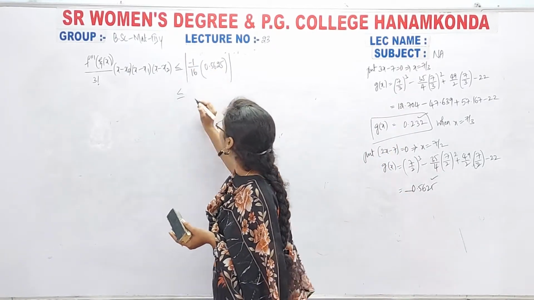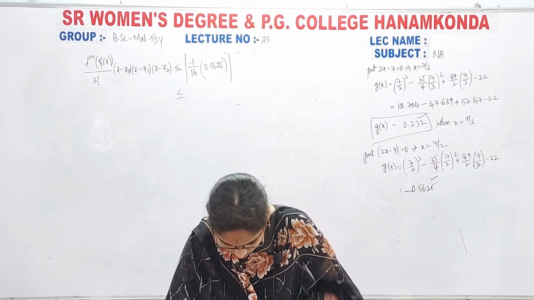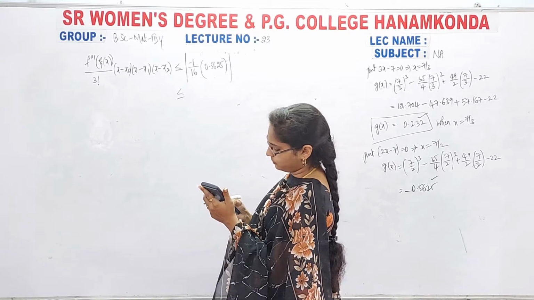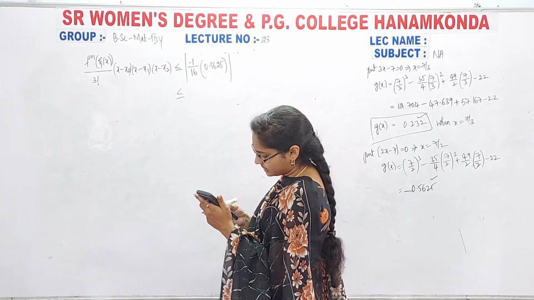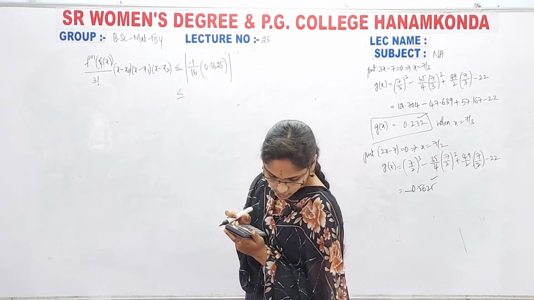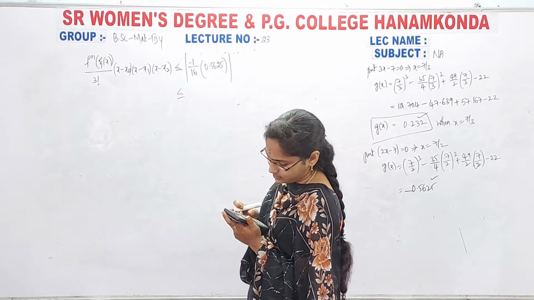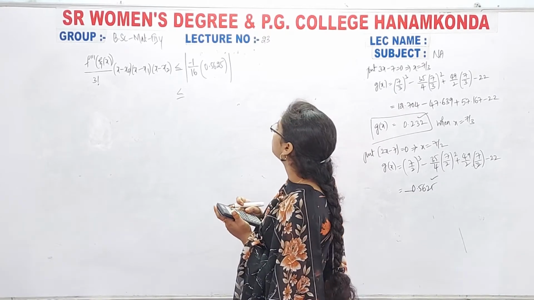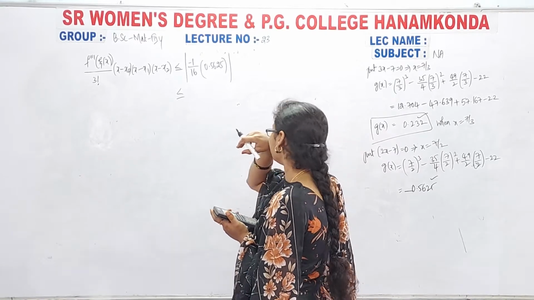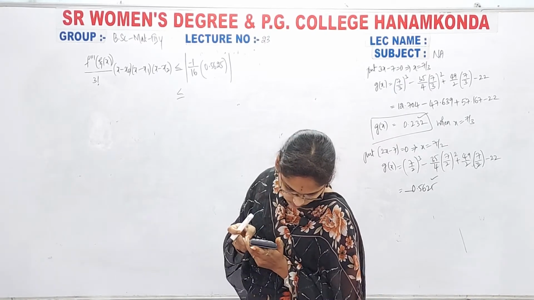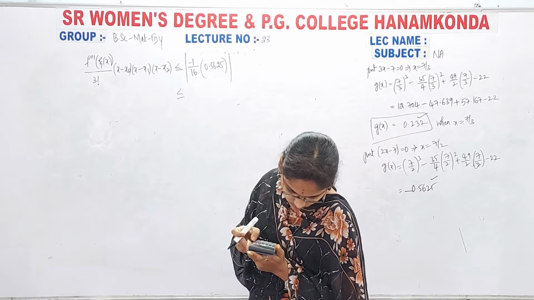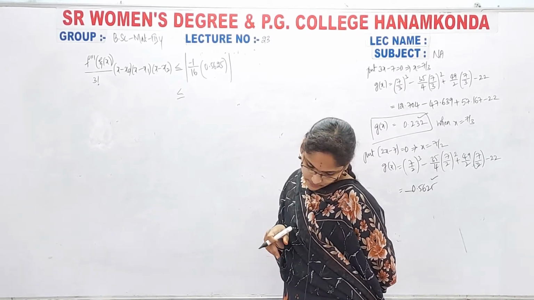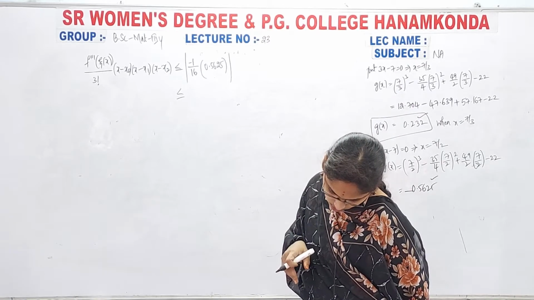So now here calculate 0.5625 divided by 16, 0.0351. Actually here they are taking minus 9 by 16 and 1 by 16 into 6 also.